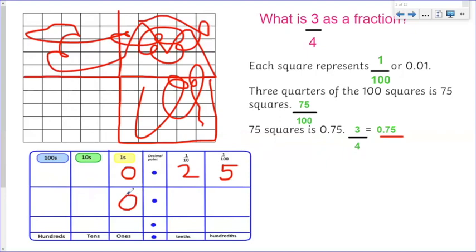A half is 0.5. 5/10. So here we have 2/10 and 5/100. And 3/4 is 0.75. There we go.